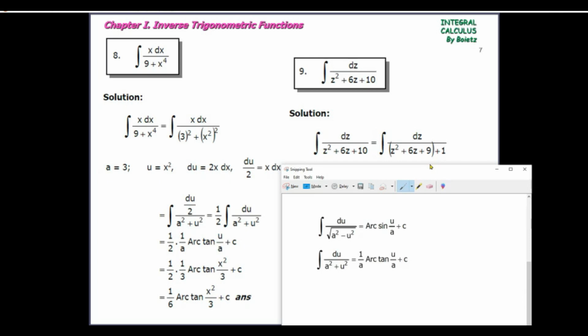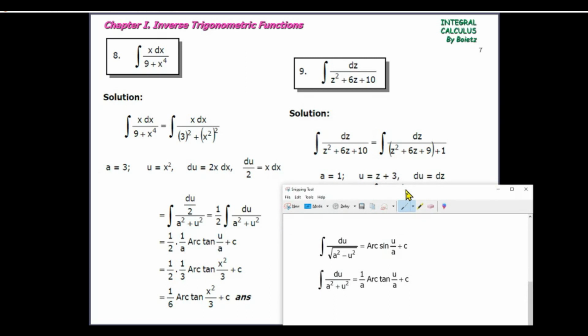So, alam niyo na yan sa algebra. Ang gagawin mo ay i-divide mo to sa 2, then i-square. Okay? So, malalaman mo na ang kailangan dyan ay 9. So, hatiin mo yung 10 sa 9 plus 1. Okay? Then ito, this one is z plus 3 squared.